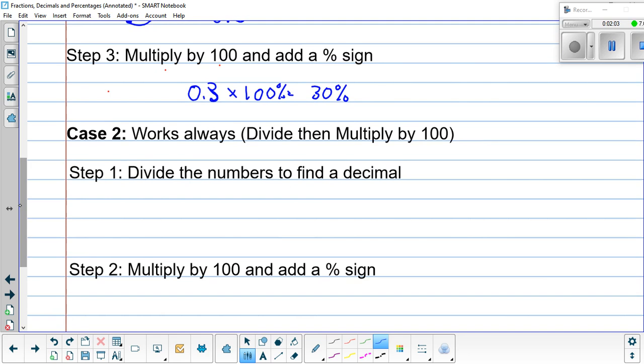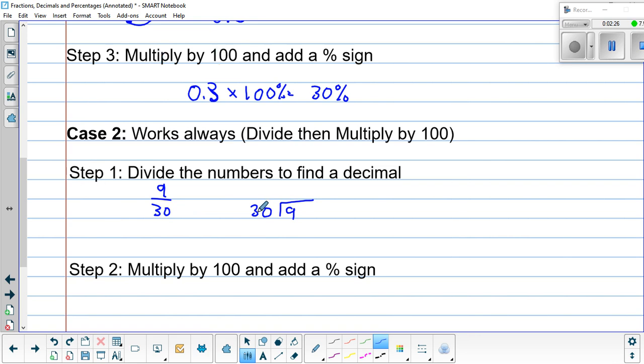So, same thing here. We have 9 over 30, so you can just treat it as divide. Once again, I would always pick case 1 if you can do it. But if you can't see it, don't spend the time trying to see if there's an equivalent fraction, because there might actually not be.